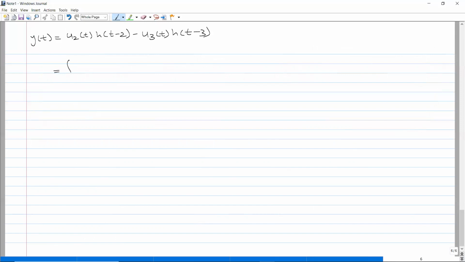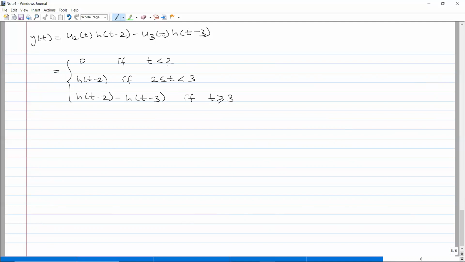So it means the function is 0 if t is less than 2. It is equal to h(t minus 2) if t is between 2 and 3. And h(t minus 2) minus h(t minus 3) if t is greater than or equal to 3.